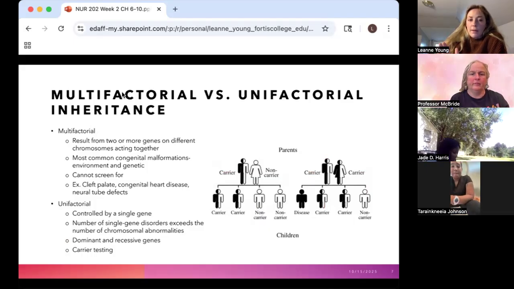The most common way that congenital malformations happen is from environment and genetic factors. So this is factors such as a mom or dad's diet, lifestyle, any exposure to toxins, geographic influences. Medical interventions can also trigger or modify a person's genetic risk.